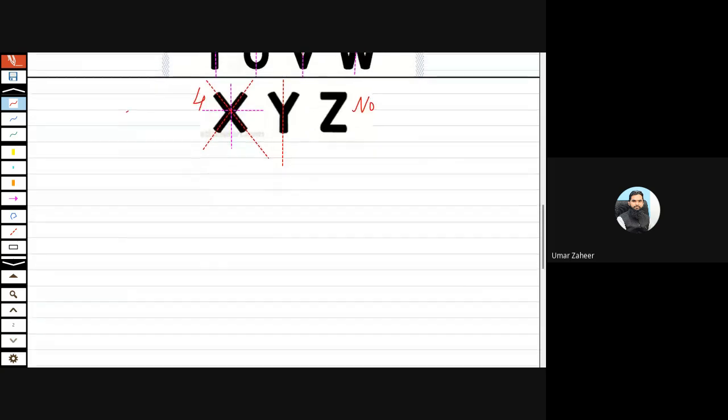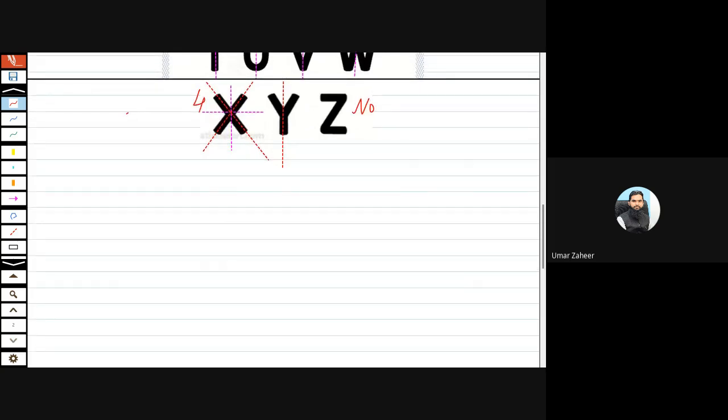Basically, the examiner gives you a picture and asks you to find a line of symmetry. All right, let's see how to do a question. Sir, there are only two types of symmetry. Yes, that we are going to do in IGCSE.